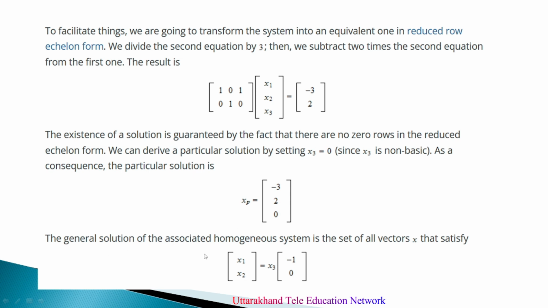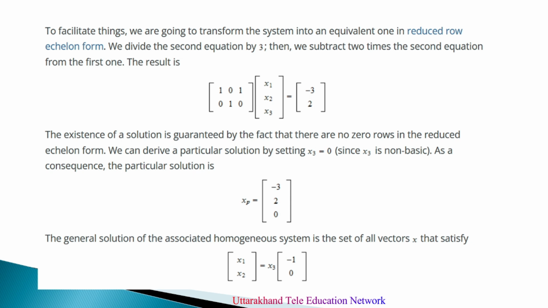The general solution of the associated homogeneous system, that is important, consists of all vectors that satisfy x1, x2, this is the dependency. This is the general solution of the associated homogeneous system. So what is the nectar of this whole discussion?